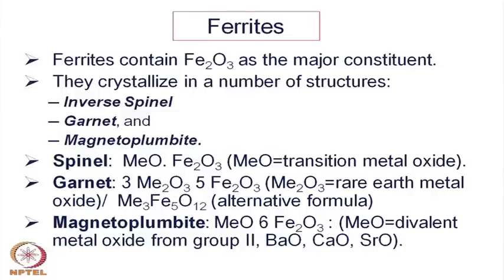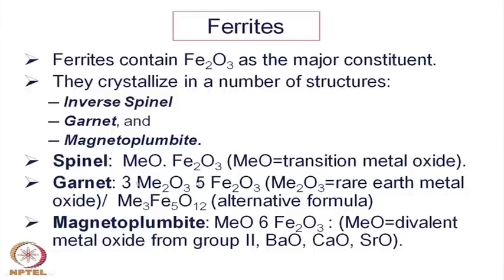One is the normal spinel, another is the inverse spinel. The normal spinel structure, or this particular name, has been given from mineralogy, the name of the mineral, that is MgAl2O4, magnesium aluminate, whose mineralogical name is spinel, and it forms a structure type. So, any mixed oxide which crystallizes in this particular form is called spinel, and there are normal spinels.